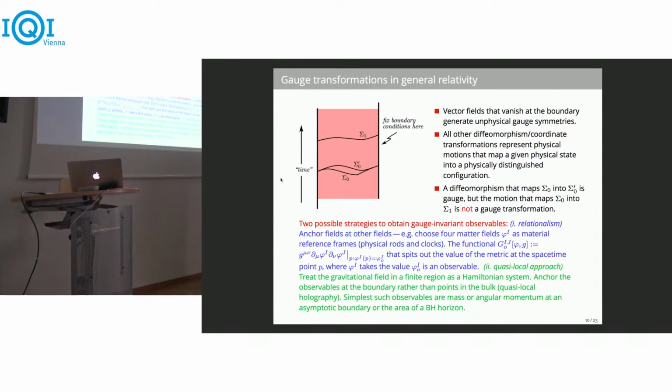You just say that instead of asking what is the value of the metric at a given value of the coordinates, which is unphysical because the value of the coordinates is arbitrary, because it can be made arbitrary by any change of coordinates.